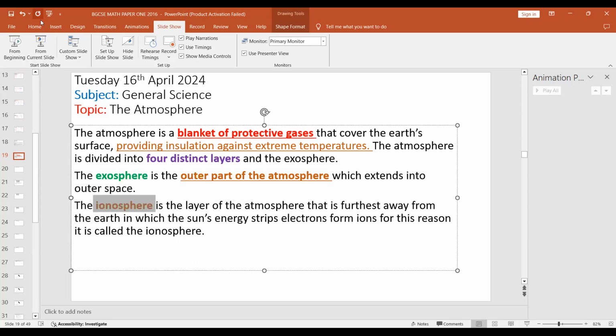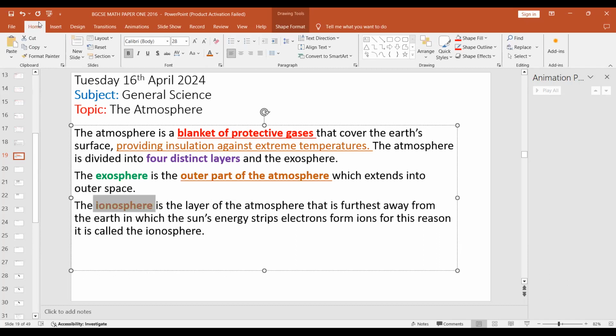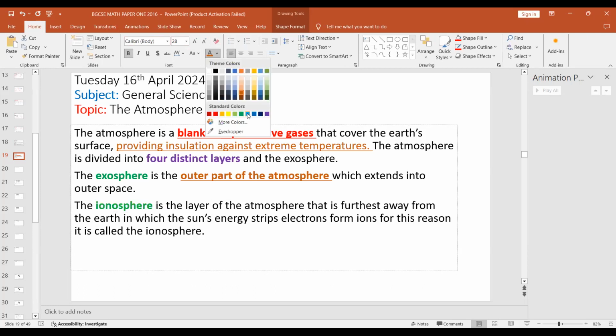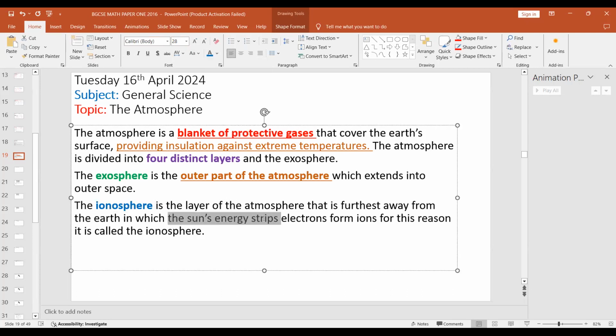It's the layer of the atmosphere that's farthest away from the Earth, but it's also the place where ions are made. And the ions are made when the sun's energy strips electrons from atoms, forming ions.